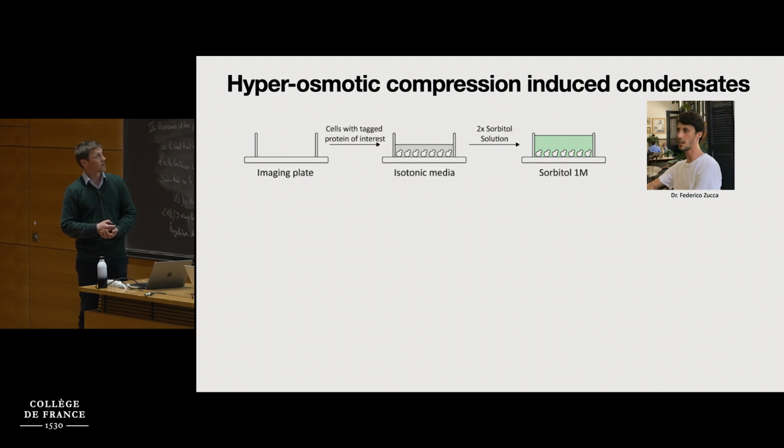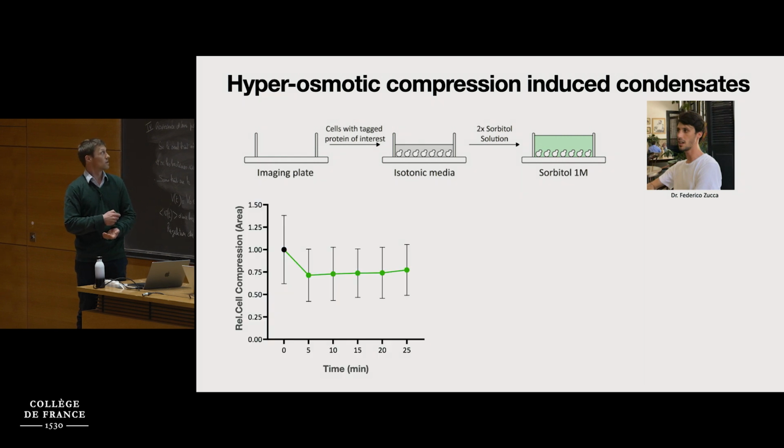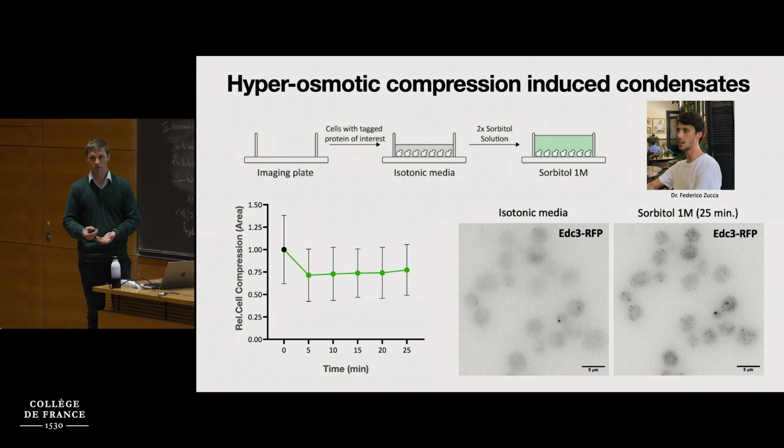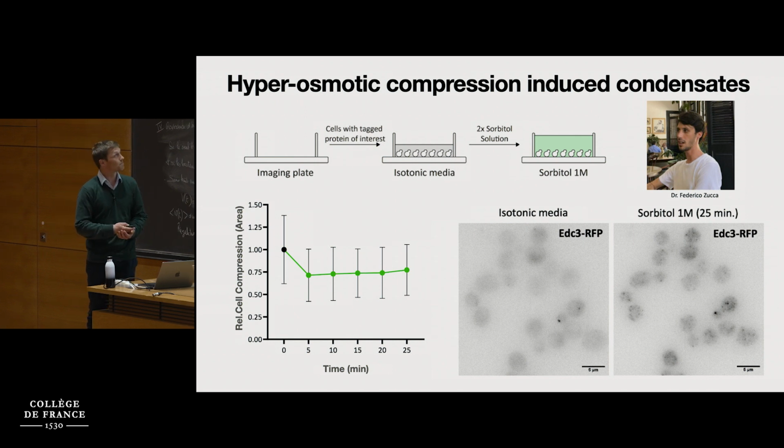He used hypertonic shocks to shrink cells, and this is what you see here. When you do this and look at one of these P-body components I talked about before, you can see that these components rapidly form these little foci, which we think are condensates induced by increased crowding.